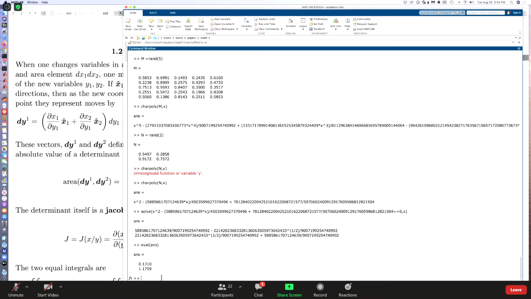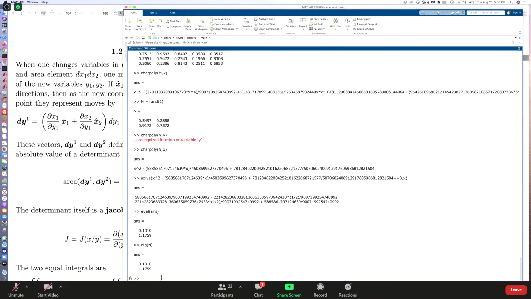And just to see that this is right, let's use MATLAB to find the eigenvalues directly. And we just say eig. And there are the eigenvalues, and you see they're exactly the ones that we got by having MATLAB compute the characteristic polynomial and then looking for the roots of the characteristic polynomial.